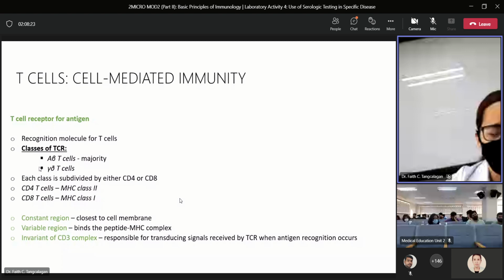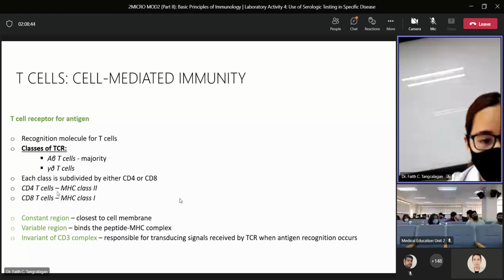This class is subdivided into either CD4 or CD8. So this should be remembered always. Your CD4 T cells are bound to your MHC class 2, while your CD8 is bound to your MHC class 1.